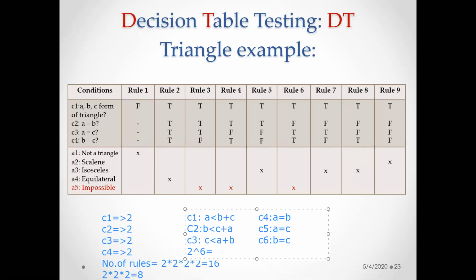So how many entries do you need to have? 2 to the power of 6 is how much? Is it 32? 64? 64, right?